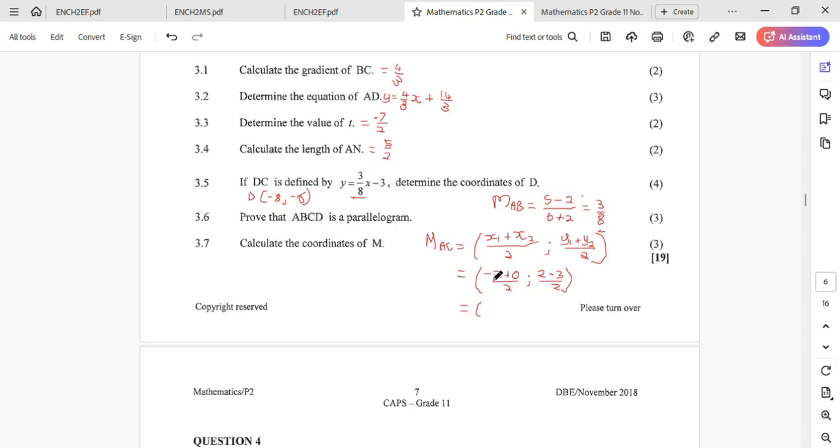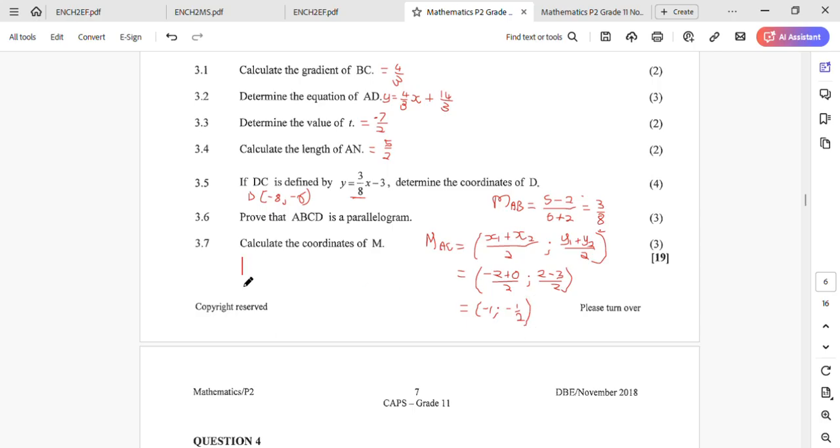And our coordinates are 2 divided by 2 is minus 1. I don't have any calculator with me, so punch your calculator to make sure. This is 2 minus 3, that is minus 1 over 2, that is minus half. You may use 0.5, doesn't matter, as long as your answer is correct.